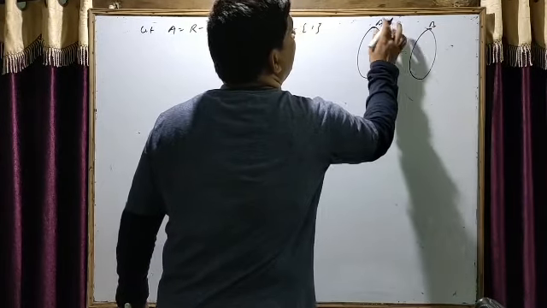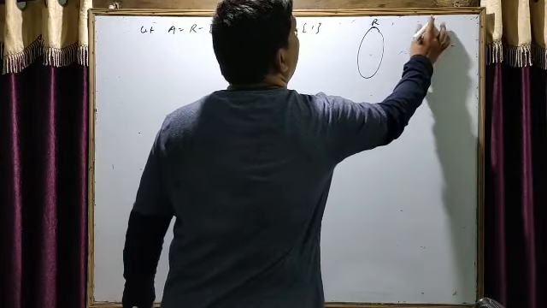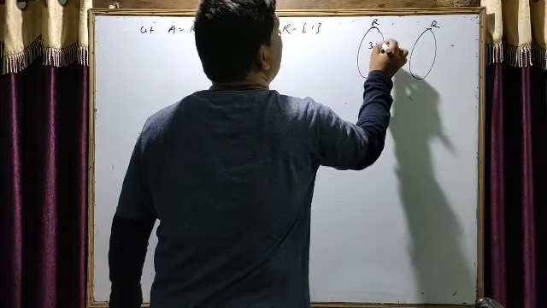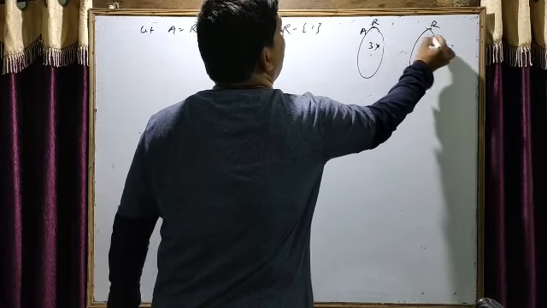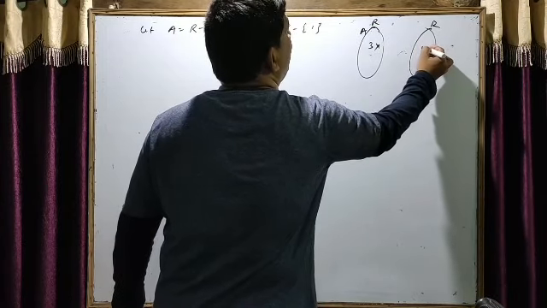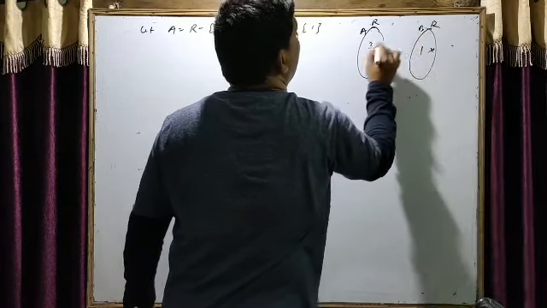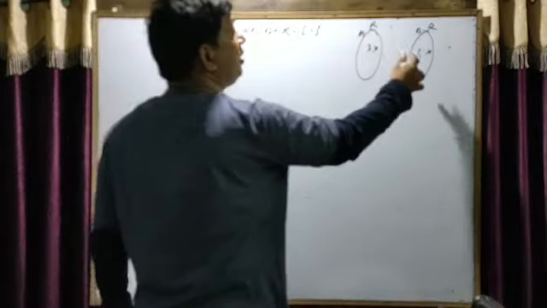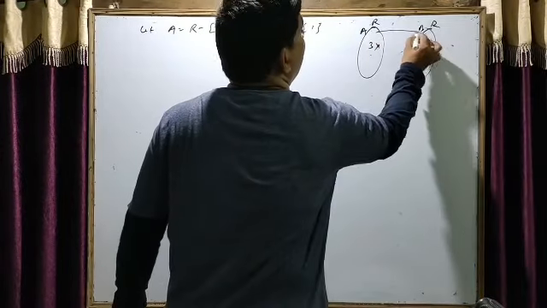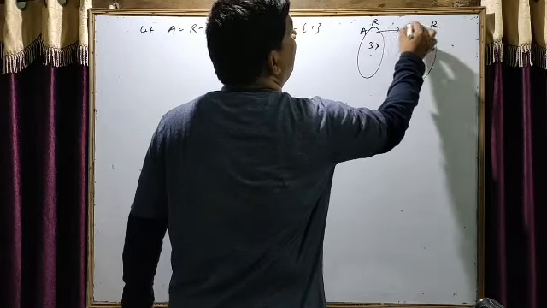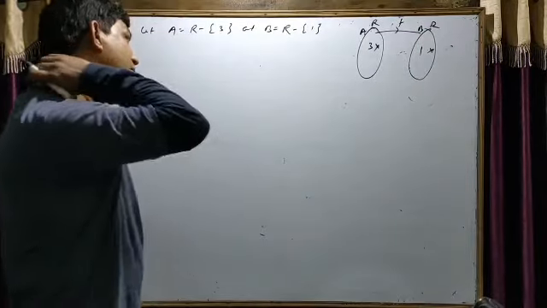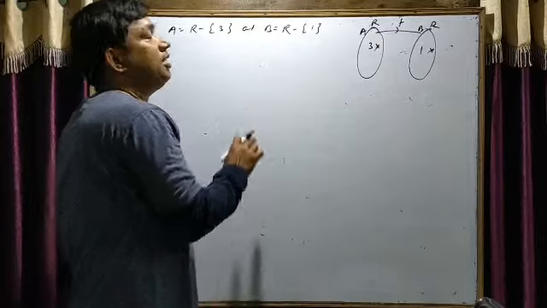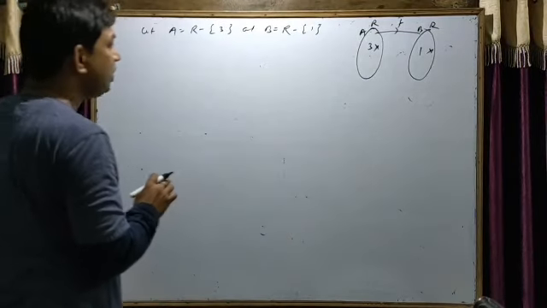Actually it is R and it is R, but when we take out the number 3 from here, this is taken as A, and if you remove 1 from here, it is B. So in our basket 3 is not present and 1 is not present. That is why instead of writing R to R, it is written A and B, because R minus 3 is taken as A and R minus 1 is taken as B.